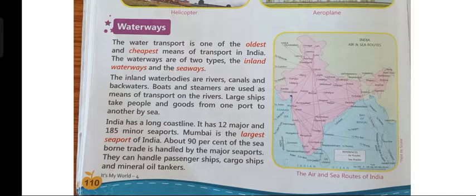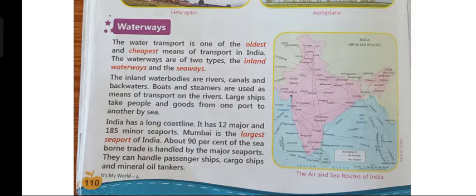Those water bodies that are not very large and are found within the cities are the inland water bodies, like ponds, rivers, lakes, etc. Boats and steamers are used as a means of transport in the inland waterways. Lastly, large ships that take people and goods from one port to another by sea is known as seaways.